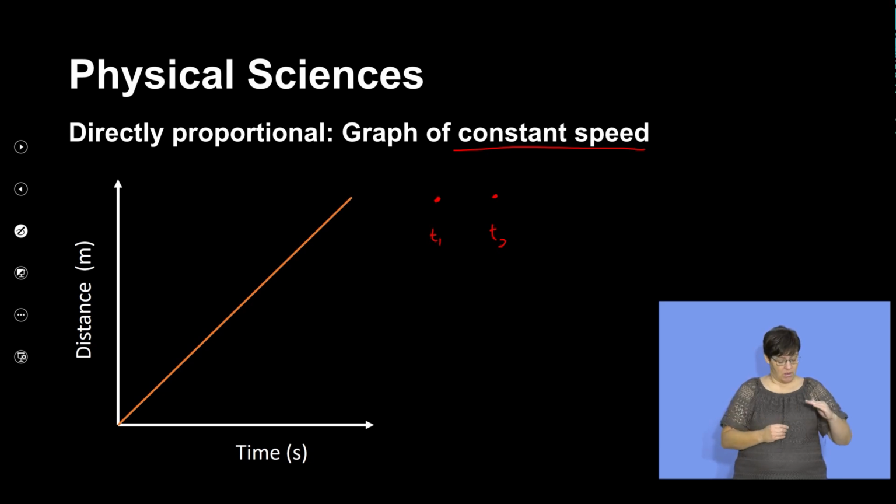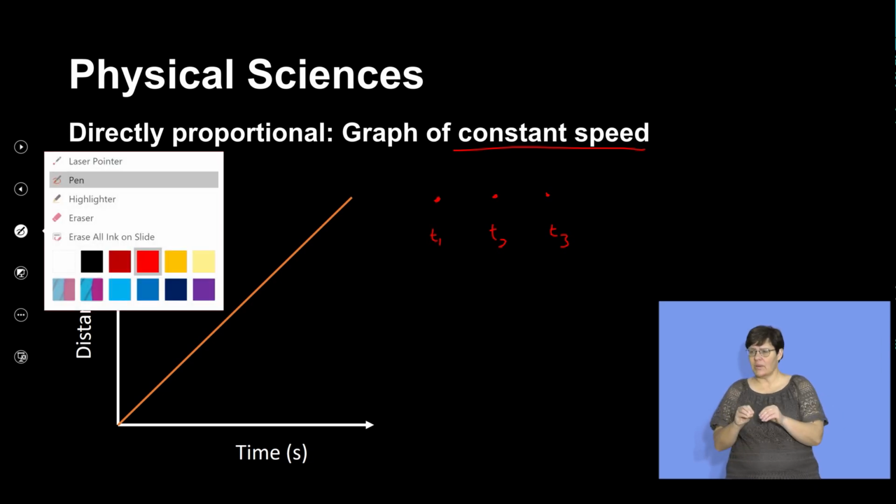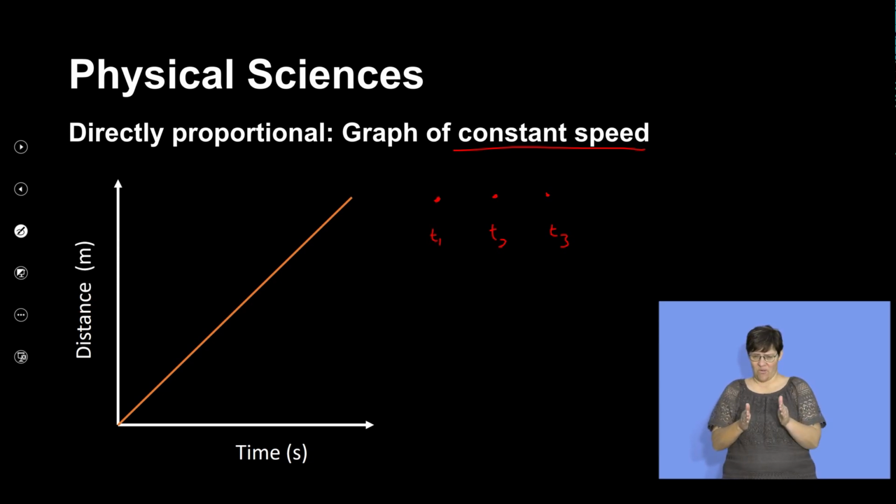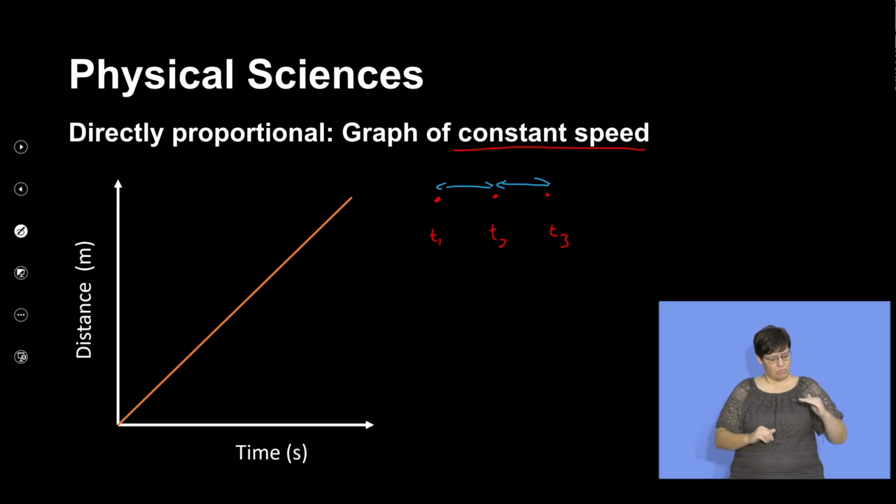In the same time interval, we'd find that it has moved an equal distance. If we were to compare these distances, you'll see they're roughly equal. In each of the time intervals, we have equal distance in equal time.